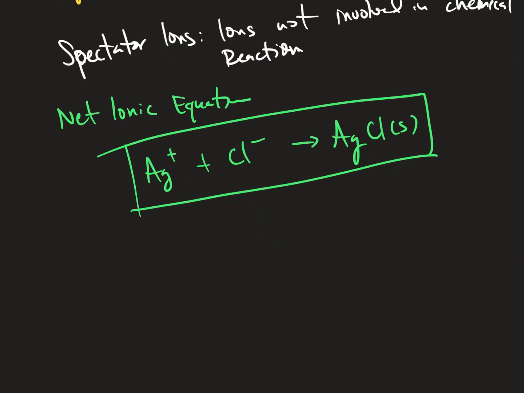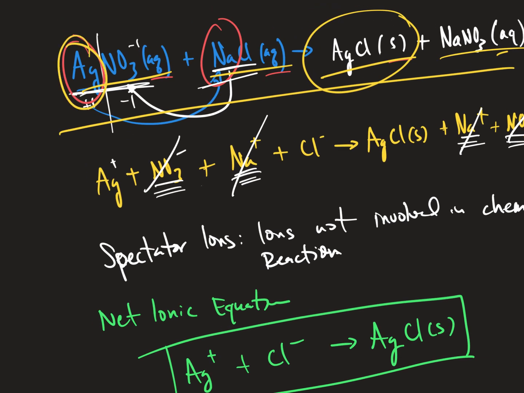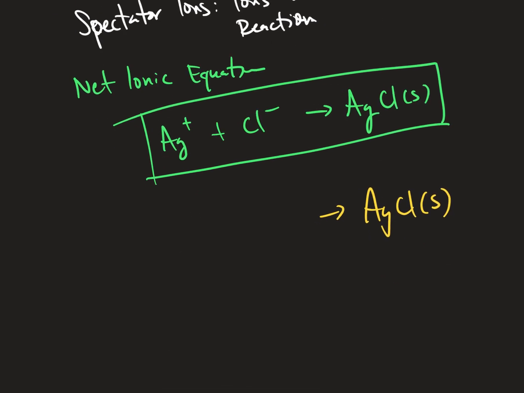So we're gonna say, okay, that's our product. And how do we get that? From Ag and Cl. Done. If you get it, use it. If that didn't make any sense, let's practice it again because it's easy, right? We okay with that? Do another one?